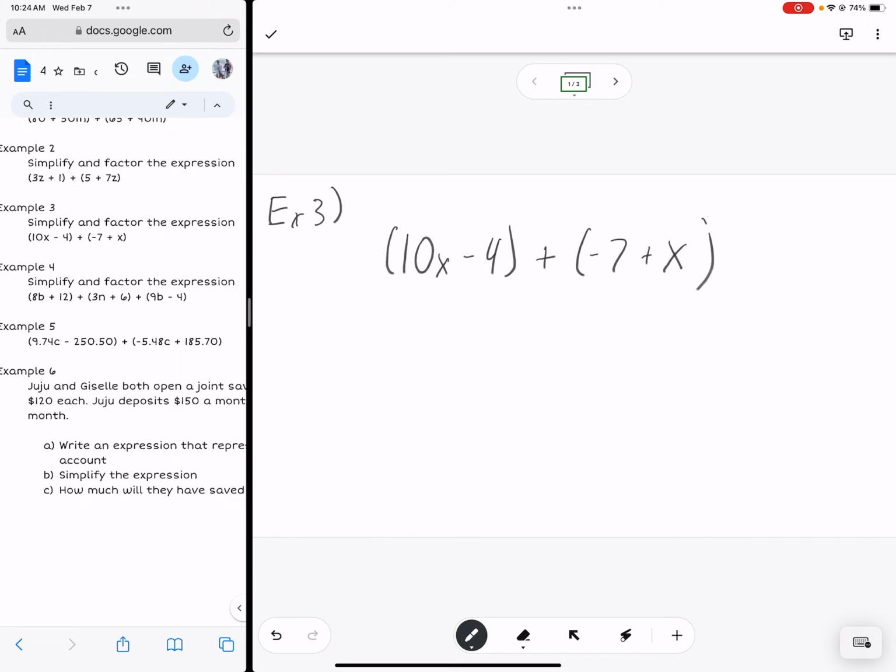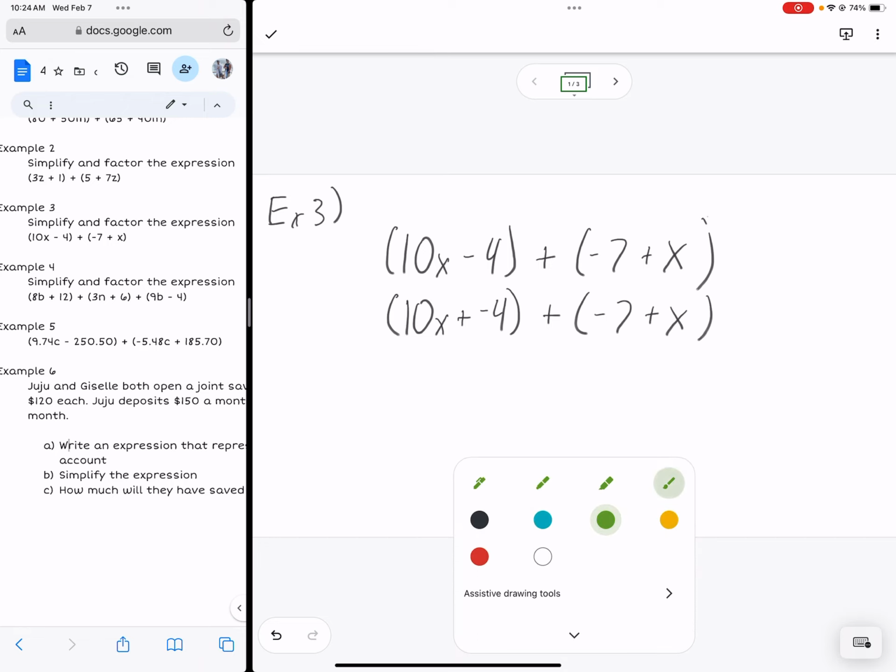So I want us to remember that we can actually rewrite this as an addition problem right here. So we're going to have 10x plus a negative 4. And then we're going to keep everything the same. So I want to show you guys that subtraction right here can be written as addition.